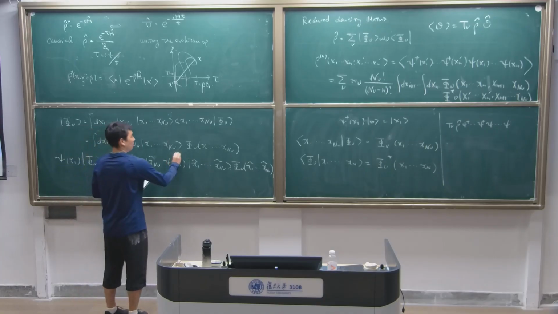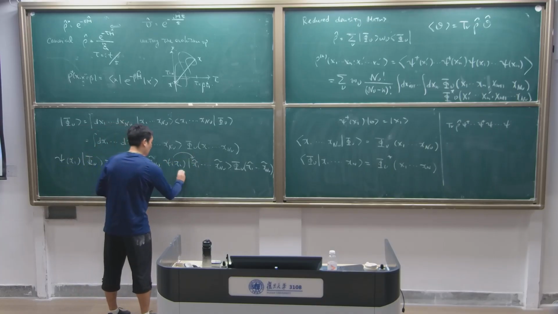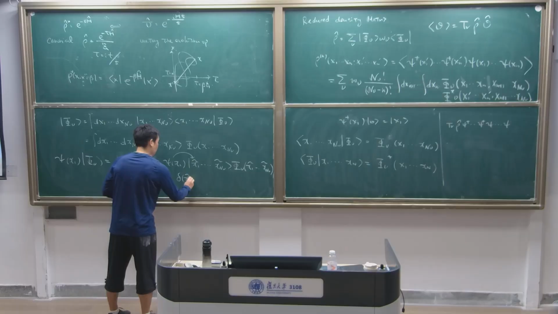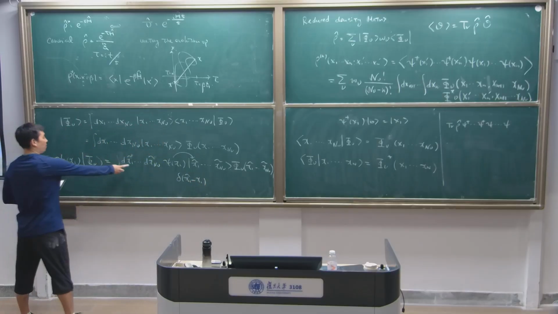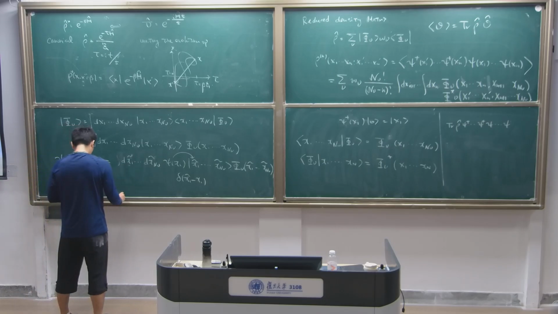And if you apply that on this one, this means that you have a delta function here. Okay? So therefore, you perform the x1 integral, what you get is the appropriate normalization.